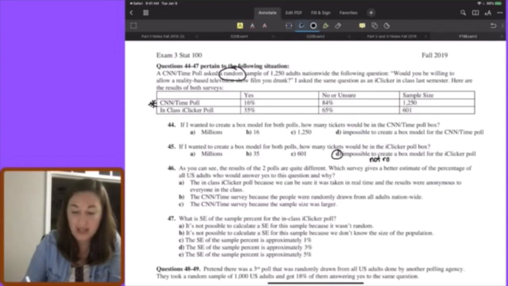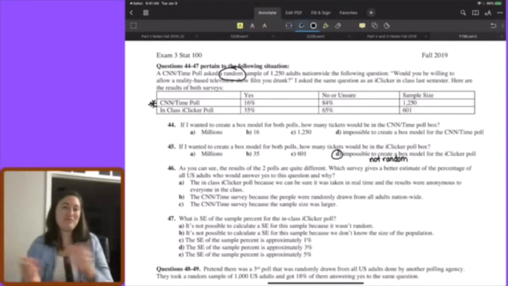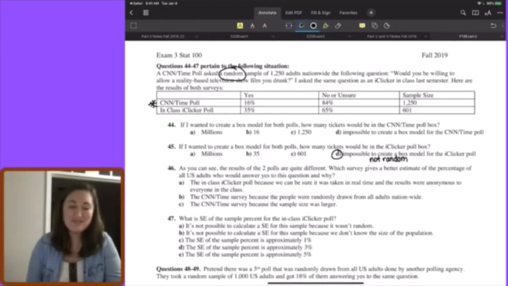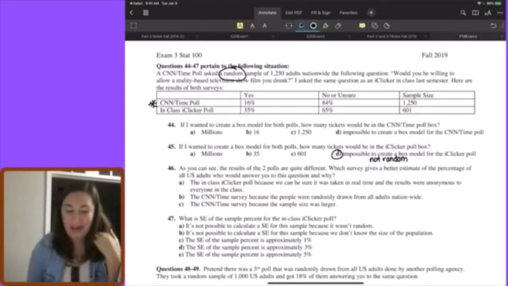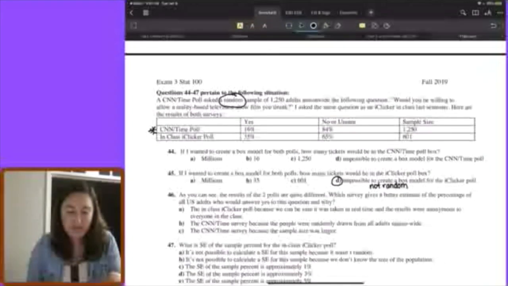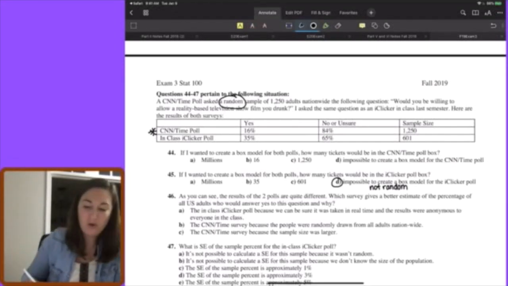And the whole idea of drawing tickets randomly from a box is where the box models come from. So we can't simulate the iClicker poll as a box model because it wasn't random.